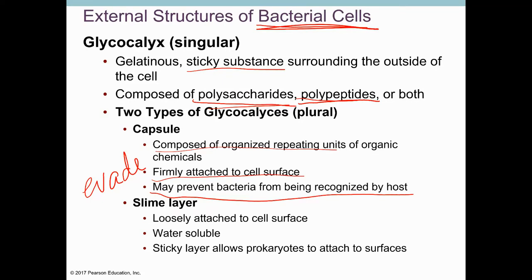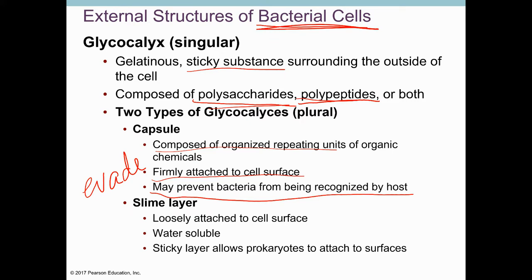Now, there's another type of glycocalyx, and typically a species will either have a capsule or a slime layer or neither. So it's possible to have neither, but some species have what's called a slime layer. And just like it sounds, it's more of a loose layer, much more water soluble. It extends out further and it's not a tight structure.